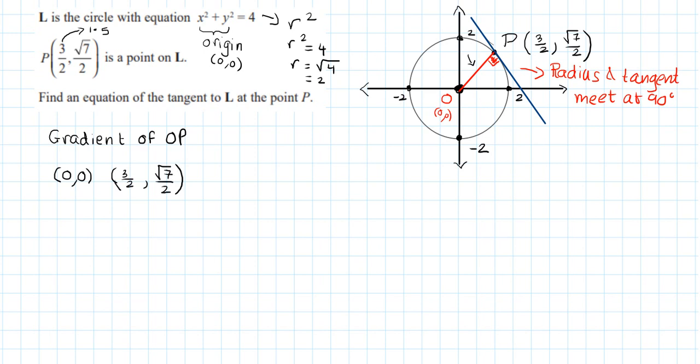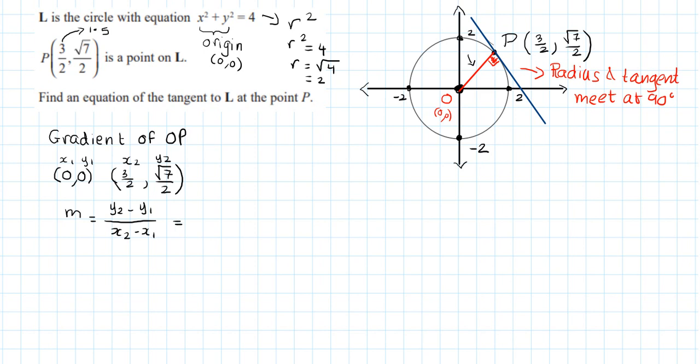I'm going to call these x1, y1, x2, y2. To find the gradient, I'm going to do y2 minus y1 over x2 minus x1.